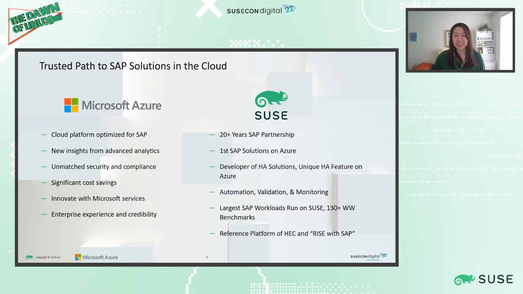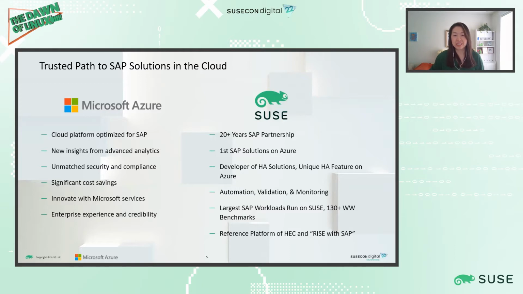Thank you. So SUSE has over 20 years of collaboration history working with SAP as a technology partner. And the SUSE solution for SAP was the first available on Microsoft Azure. SUSE is a developer of the pacemaker-based HA solutions and provides a very unique HA feature on Microsoft Azure.